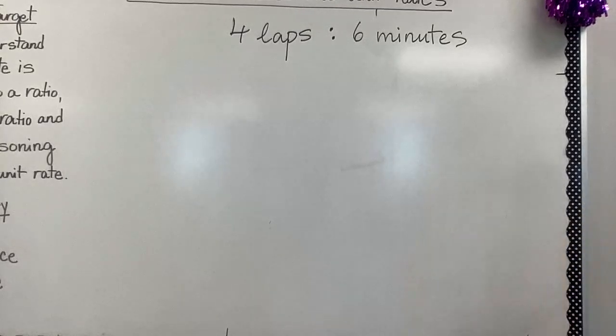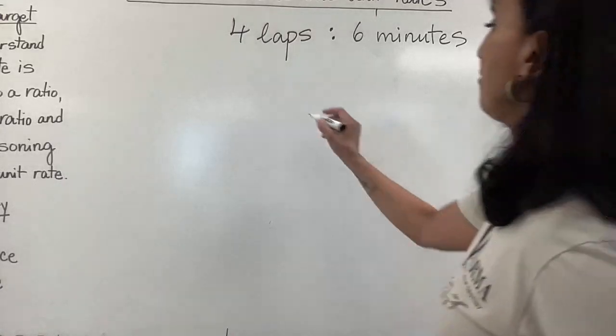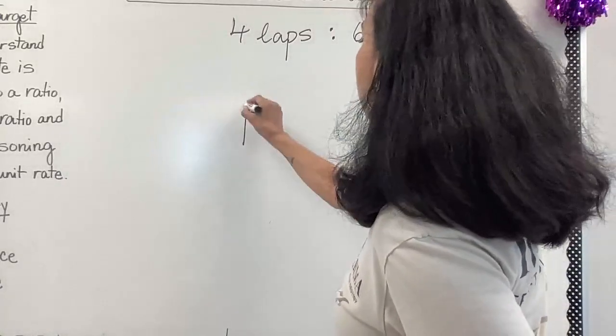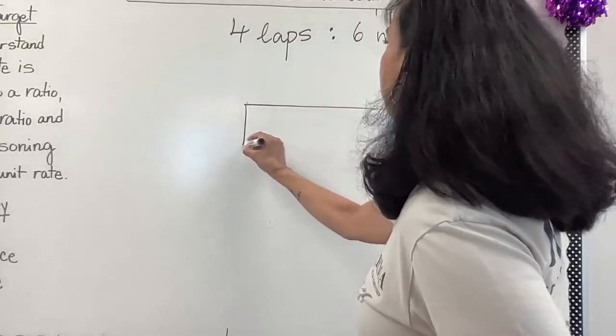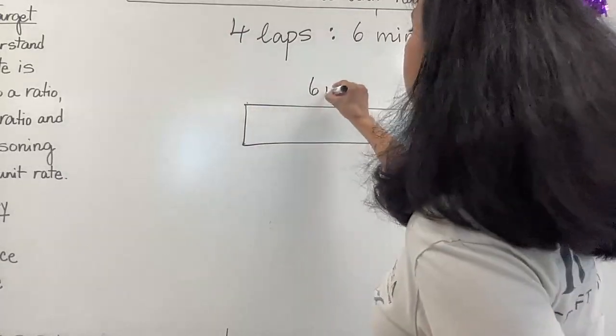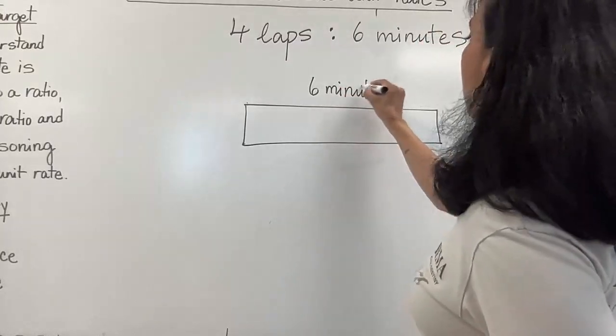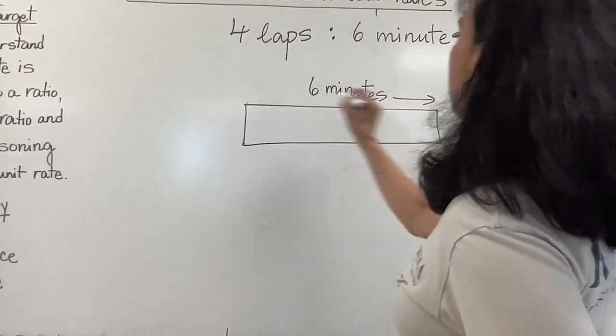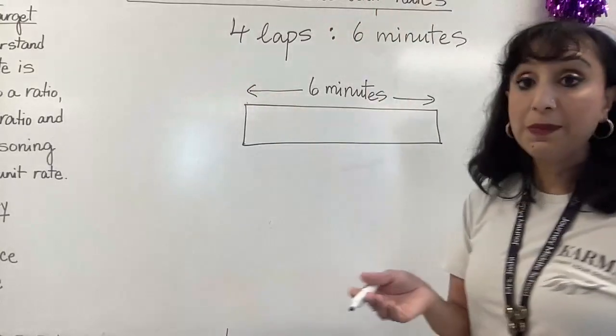So I am going to just make this into a bar diagram to show the relationship between the number of minutes and the number of laps, okay? So I have 6 minutes. So I'm going to make a bar diagram over here. We have 6 minutes. And in 6 minutes, she did 4 laps, okay?